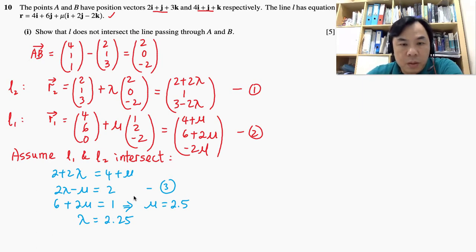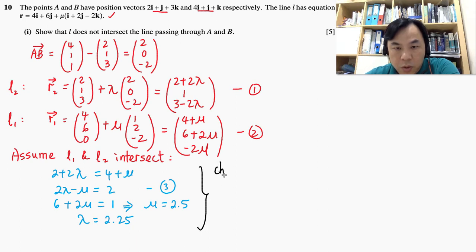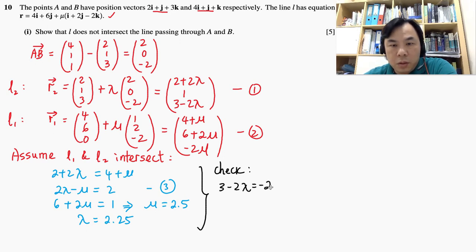So let's try to work out the last row. The last row is usually meant for checking. So for checking, we have 3 minus 2 lambda equal to this.